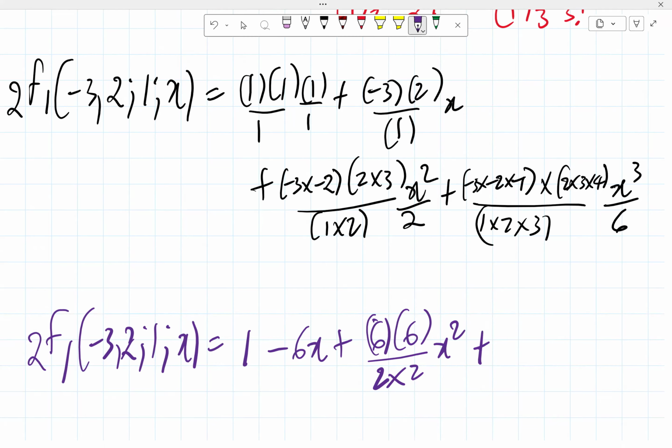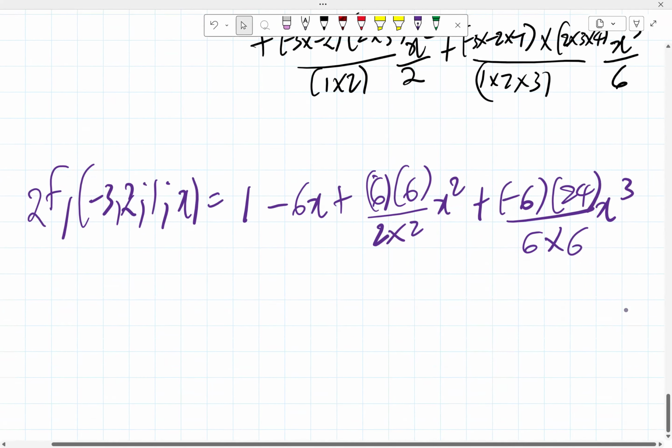This is 1 times 2, then this 2. Then when we come here now, we have minus, minus, minus. Minus 3 times minus 2 times minus 1, that's minus 6, multiplied by 2 times 3, 6 times 4, that's 24, all over 1 times 2 times 3, that's 6 times 6 here. Then we have x raised to power 3, and that terminates.